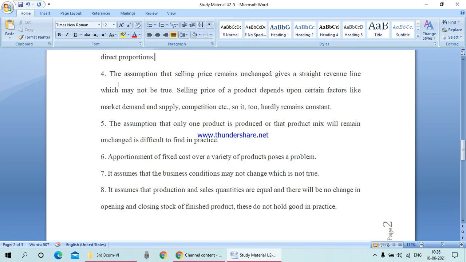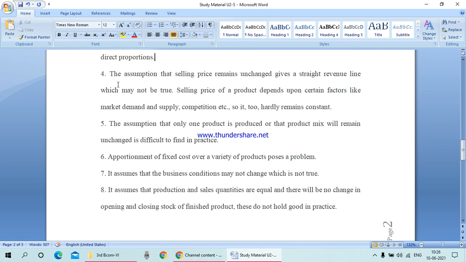Again, it assumes that business conditions may not change, which is not true.